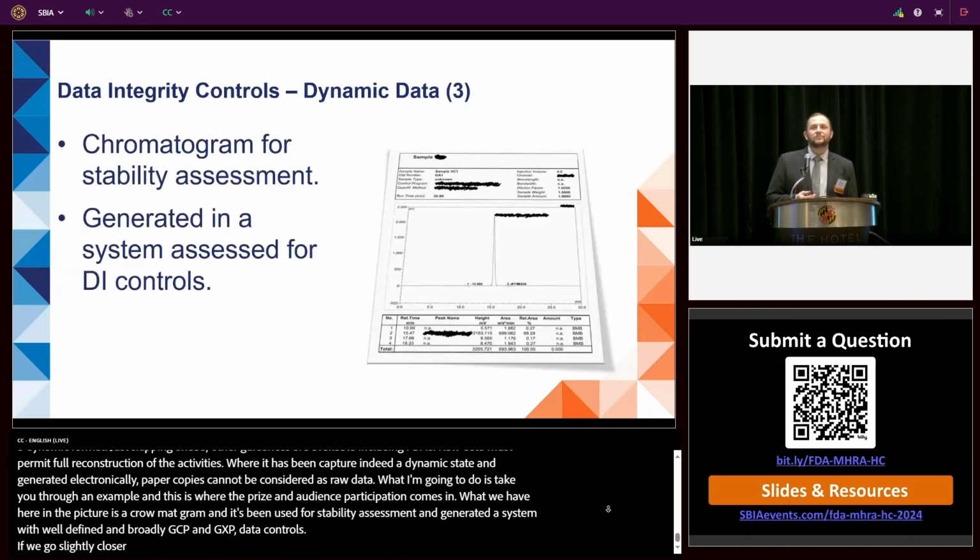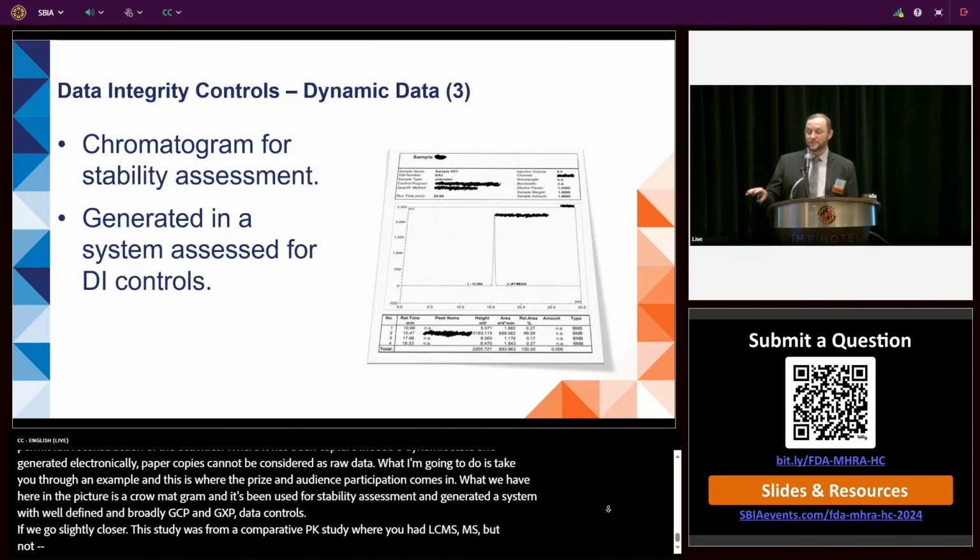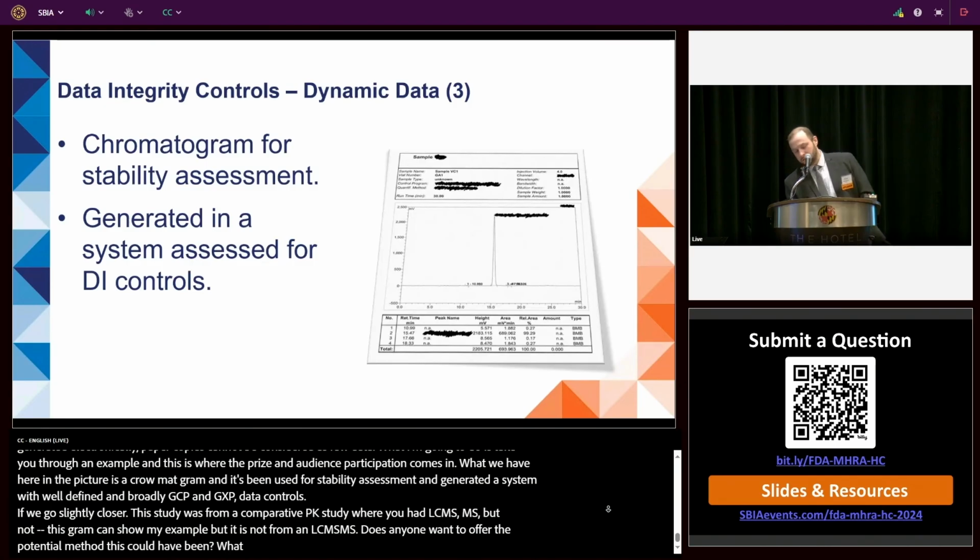This study was from a comparative PK study where you had LC-MS/MS, but not to mislead you, this chromatogram better shows my example, but it is not from an LC-MS/MS. Anyone in the room want to offer a potential method this might have been from, what machine? And I can offer you a carbonated Scottish soft drink.